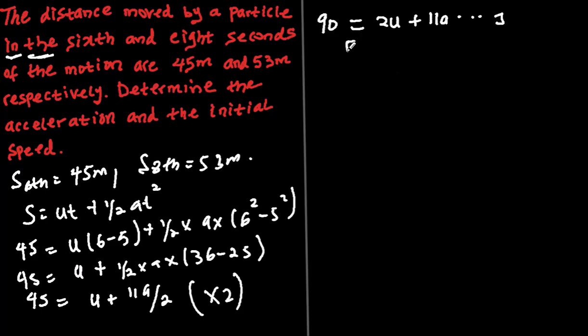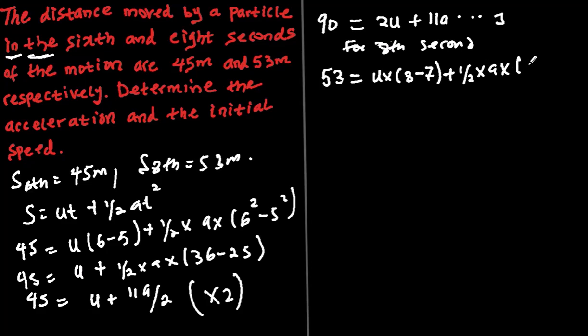Now, for the 8 seconds, plug in the same thing. Distance for the 8 seconds is 53 meters. So 53 equals ut, so u is unknown. t is going to equal 8 minus 7, because for the 8 seconds it's still between 8 and 7 seconds, plus half times a times 8 squared minus 7 squared.